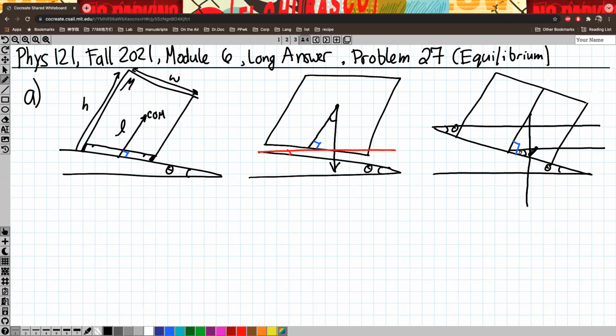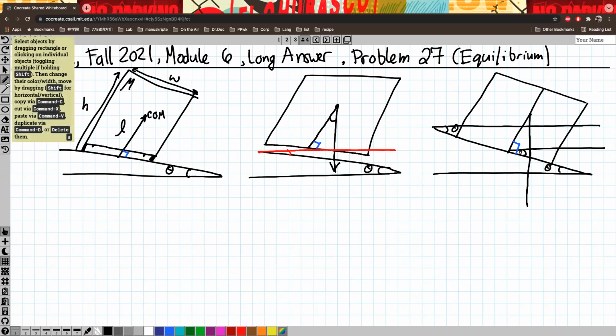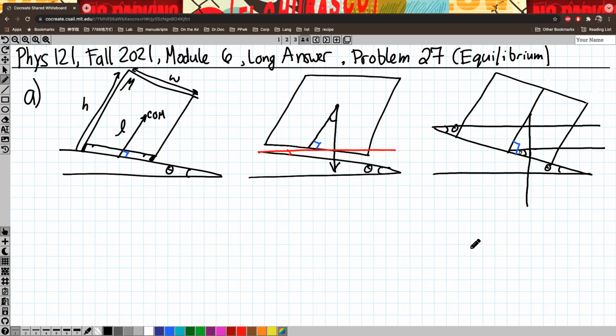And then can we figure out this angle? Yeah, that's the angle I was trying to talk about. Let me try to draw a third diagram here. So we have this triangle. That's a right angle. This is theta.